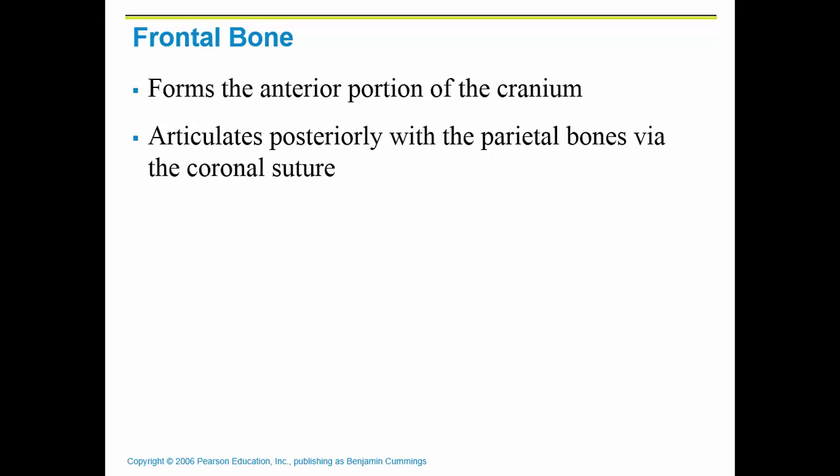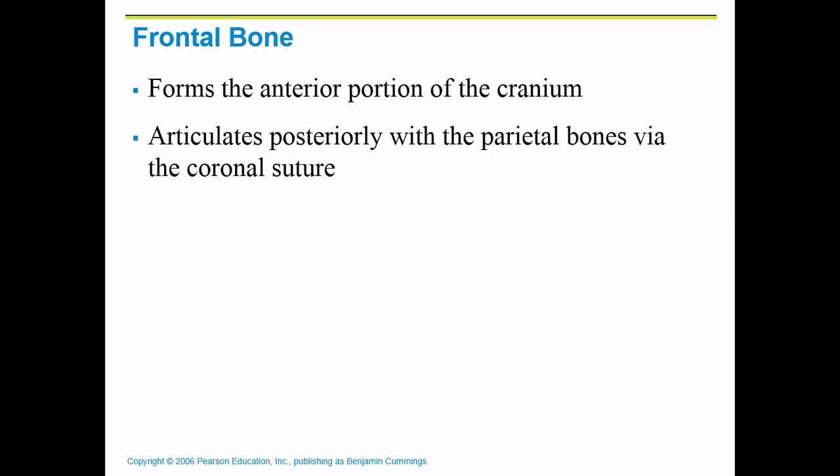When we are just talking about the skull, so that's going to be the cranium and the face, there are many different bones, and we're going to talk about the skull bones in one little package. The frontal bone is right where you would touch your forehead.